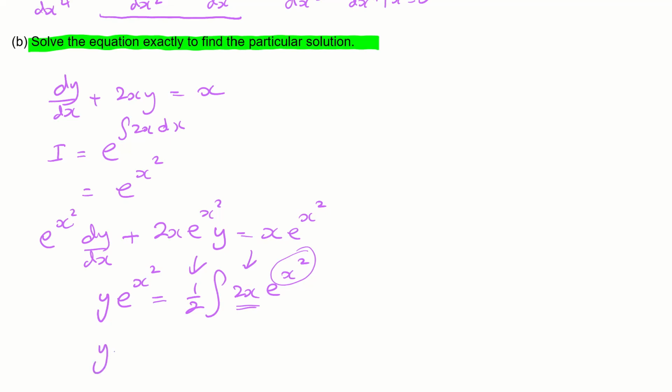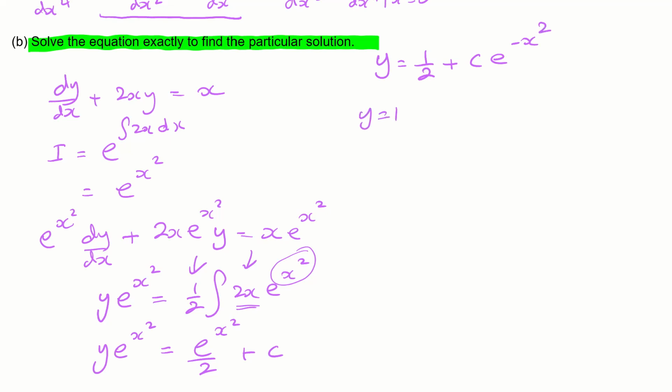And so we can say y e to the x squared is equal to e to the x squared on 2 plus a constant. Dividing everything by e to the x squared would give me y is equal to a half plus c e to the negative x squared.